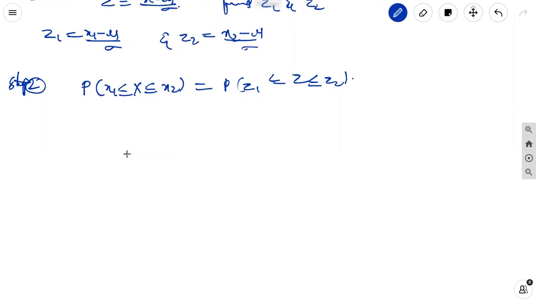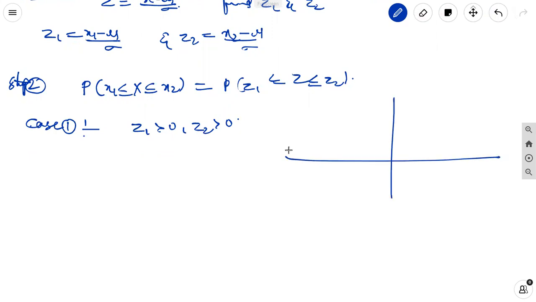In case one we are discussing, z1 is greater than 0 and z2 is greater than 0. If both are greater than zero, suppose z1 is greater than 0, because it is measured from z equal to 0, and z2 is also greater than 0.